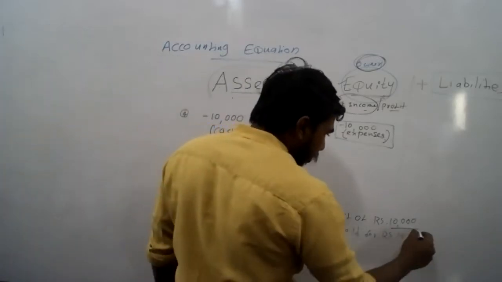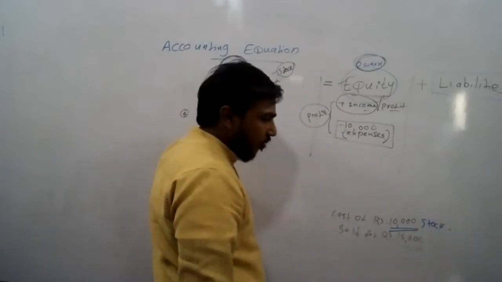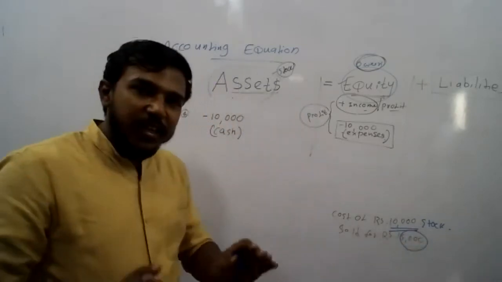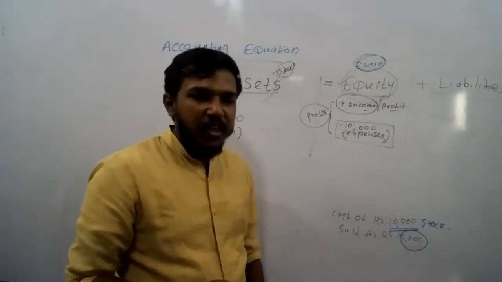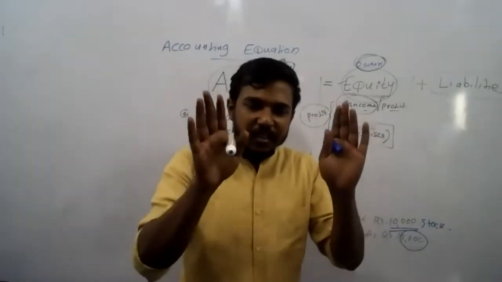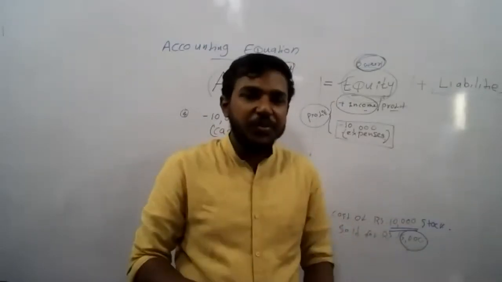Cost of 10,000 stock, you have sold for rupees 15,000. Now think the impact for cash first. No need to think anything else. Just concentrate on this transaction and see whether there is an impact for cash.